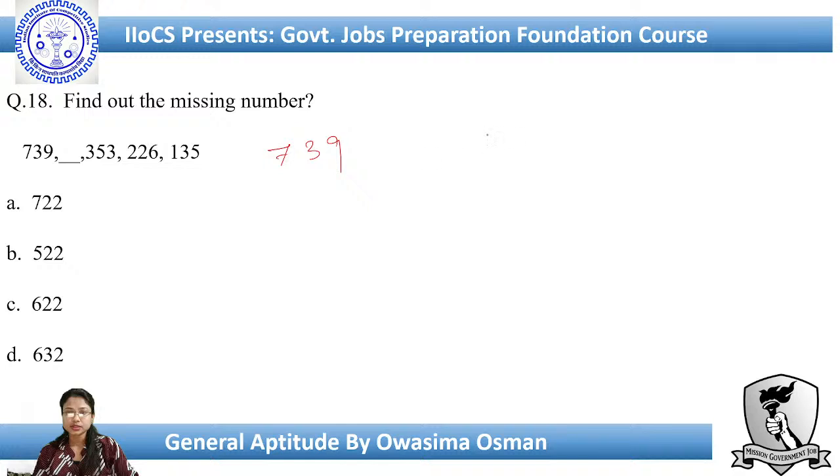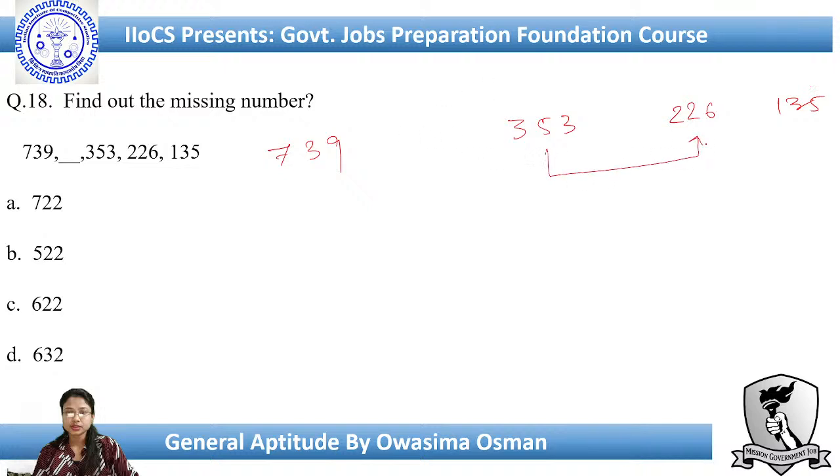I am writing this series at first separately: 353, I am leaving this space for the missing number, 226 and 135.